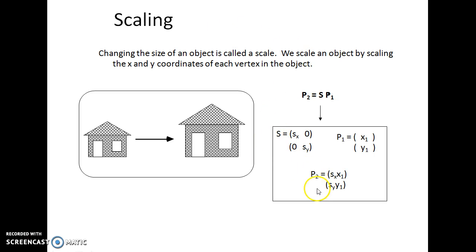In the multiplication we are multiplying with the scaling factor in the x direction and the scaling factor in the y direction. If Sx is equal to Sy, it is called uniform scaling, and if Sx is not equal to Sy, then it is called non-uniform scaling.